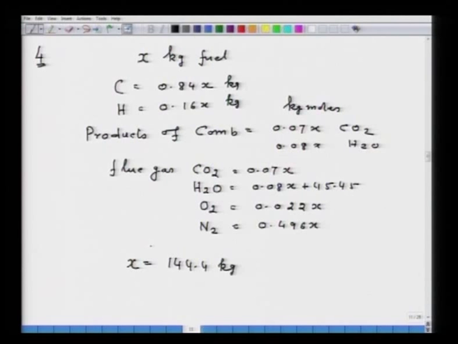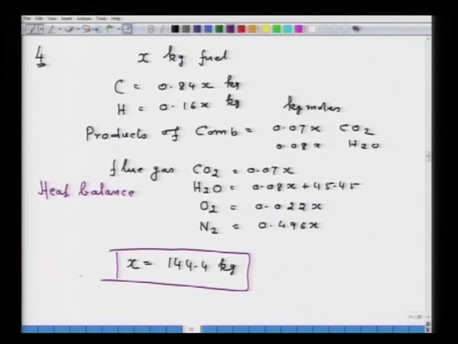Prior to that, you have to perform the heat balance, and in the heat balance you will include terms like heat of decomposition, heat taken by flue gas, which will be in terms of x, and then heat taken by Al2O3. If you do all that and balance, then the answer will be 144.4 kg, and that is what concerns the calcination.